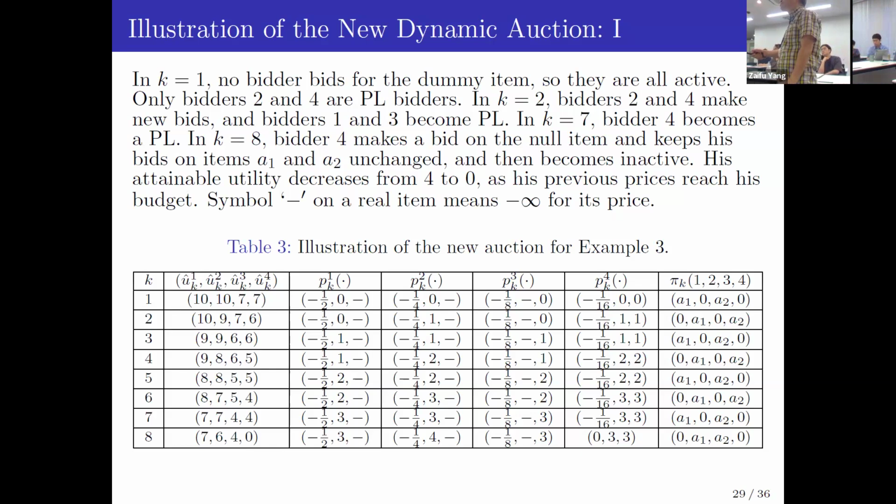Because they are assigned the dummy atom, but they didn't demand the dummy atom. So by definition, bidder 2 and bidder 4 are provisional losing bidders, because they did not bid on the dummy atom, yet they are assigned the dummy atom.